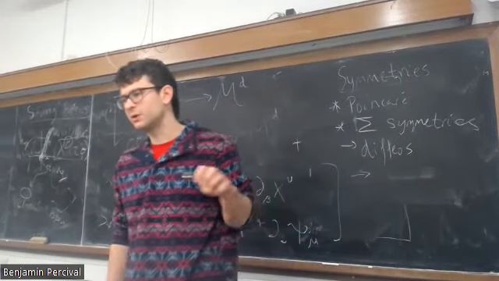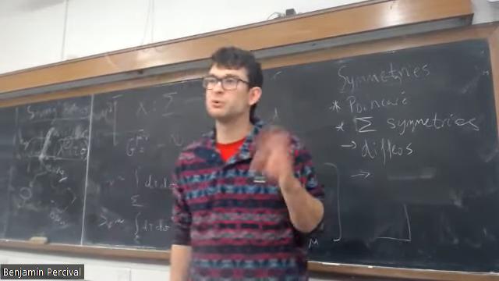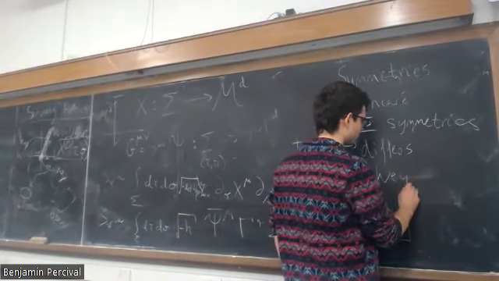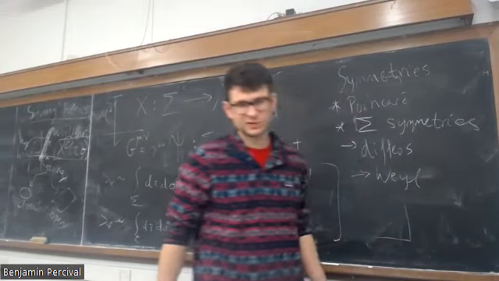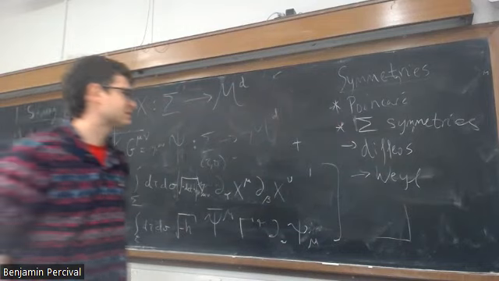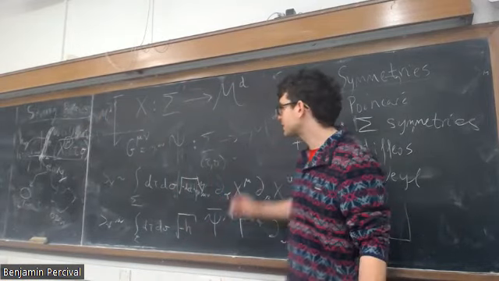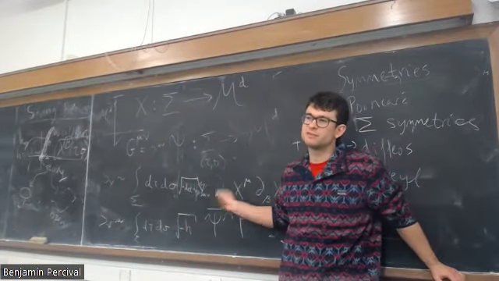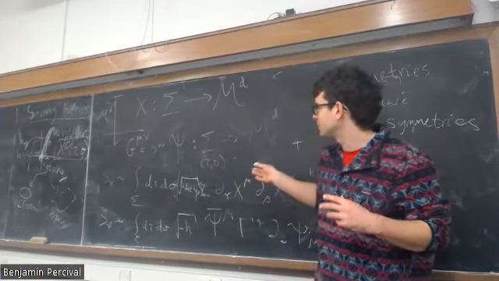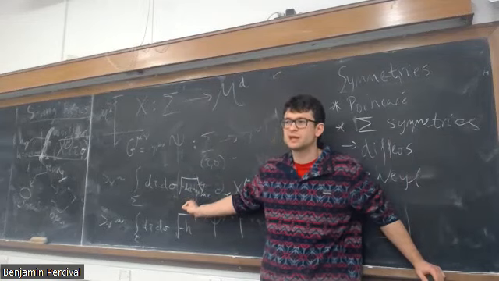Then the other one, which is much more interesting and important, is what's called Weyl symmetry. It's the fact that just by writing down the relativistically invariant action, it turns out that there's an additional invariance here.